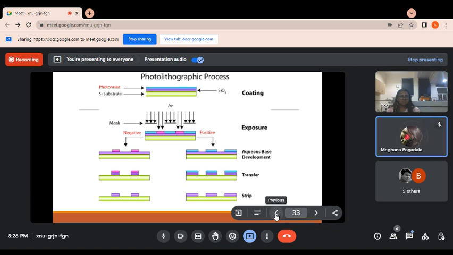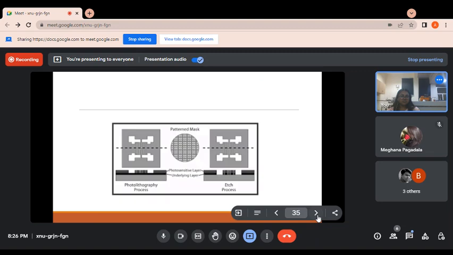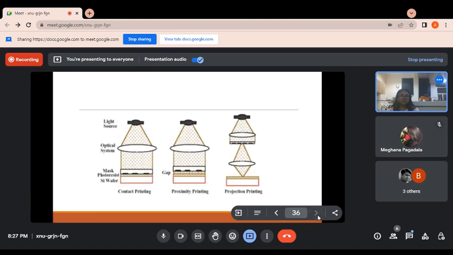Can you explain from this figure what is happening here? Banala Sindhu.